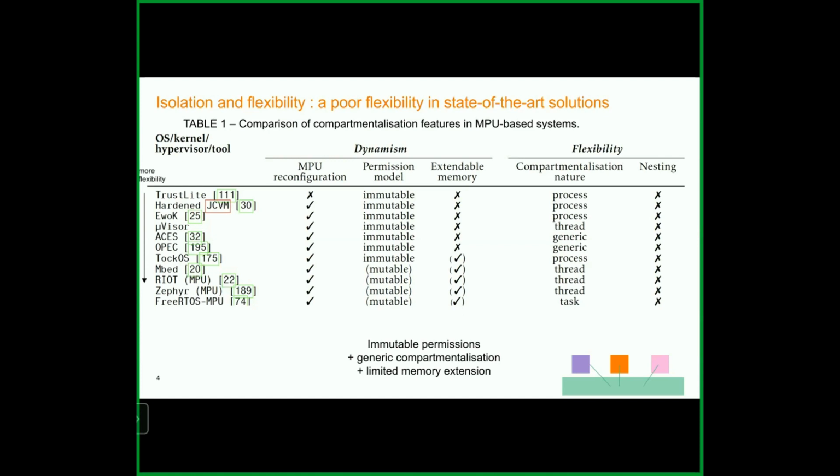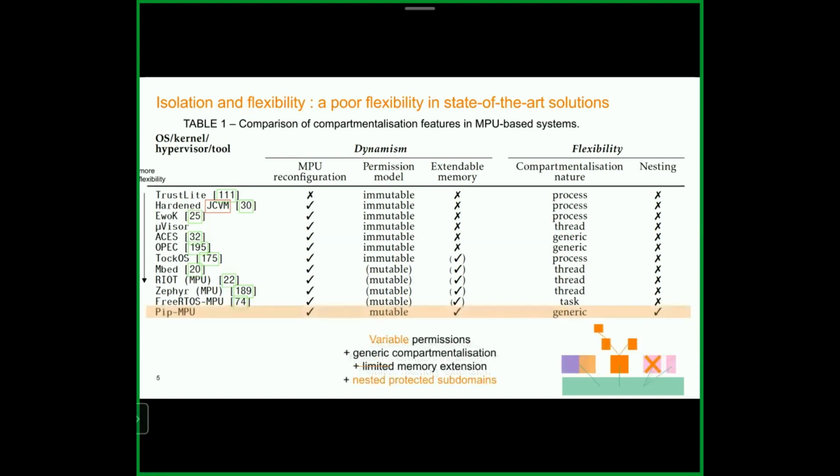We want something that is completely mutable, completely extendable, but secure, with a compartmentalization that is generic. That means that we can either isolate memory spaces, but also their inner functions, and not only one abstraction like the process. And also we want very high flexibility.